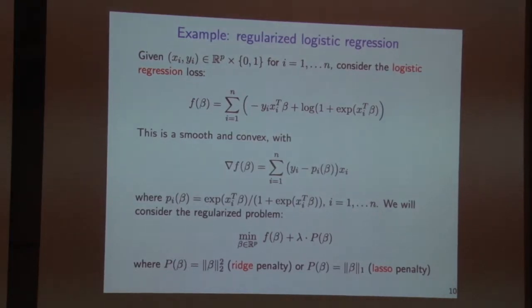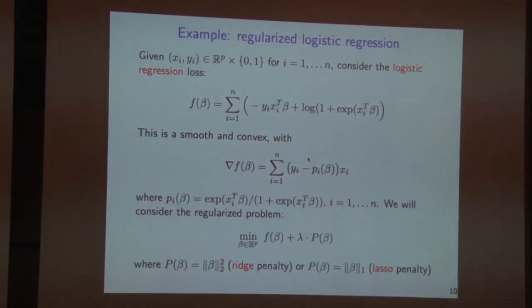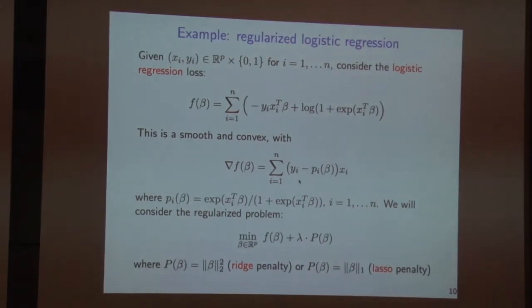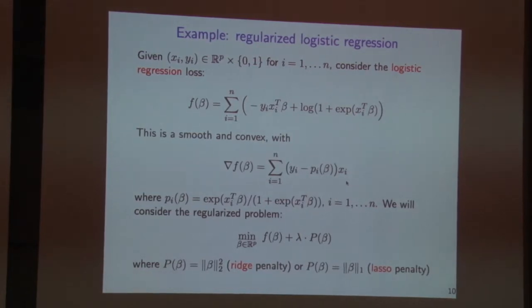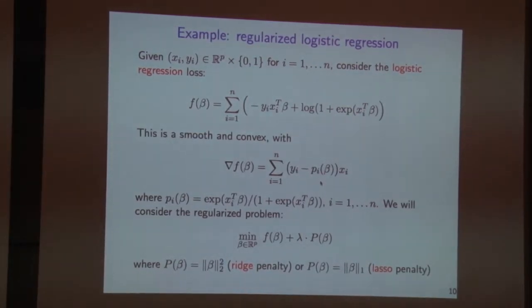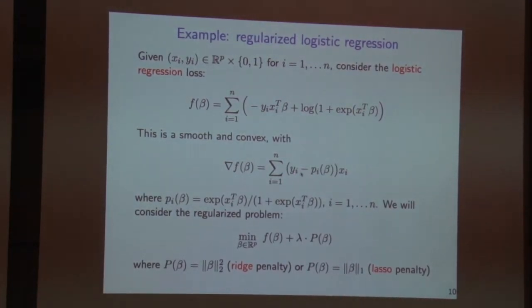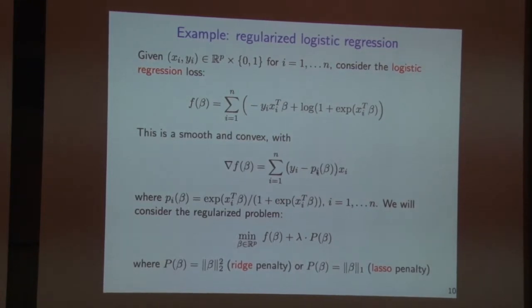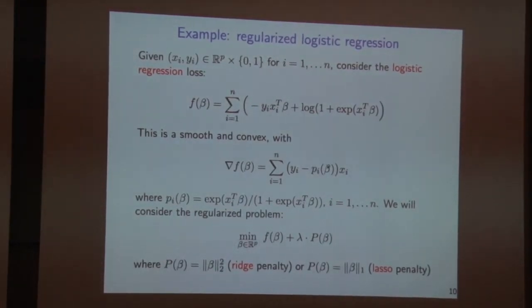So this is convex, and its gradient looks very much in line with what we see in linear regression. In linear regression, we saw that the gradient was the predictor variables inner producted with the residuals. It's the exact same thing here, except the residuals here are yi, the output, minus, instead of just being xi transpose beta, like it would be in linear regression, the predicted probability of yi being equal to 1.